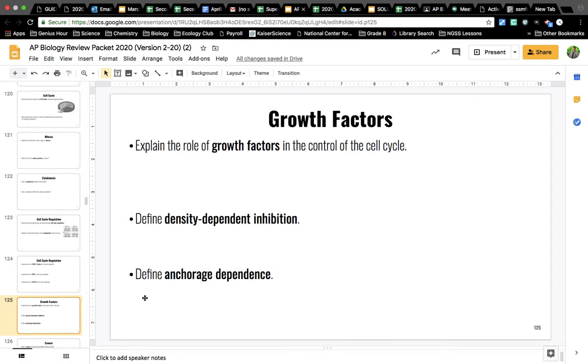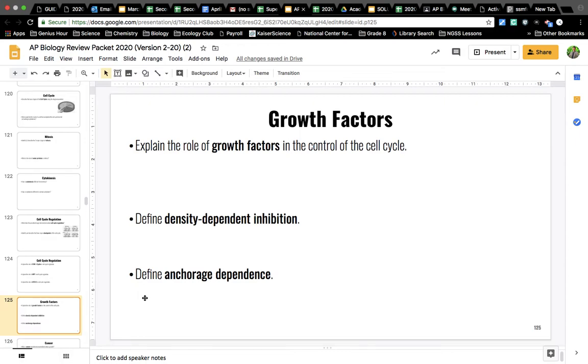If you then take that petri dish that's covered with cells, and then you kill a couple of those cells, then the neighboring cells will start to divide again and fill in that space. So this is the idea that crowded cells stop dividing. The cells will continue to divide as long as there's enough space for them to do that.